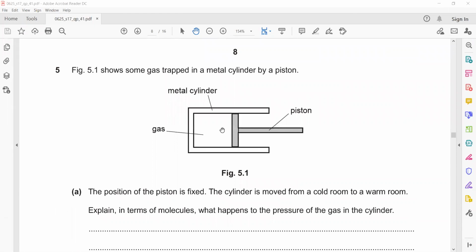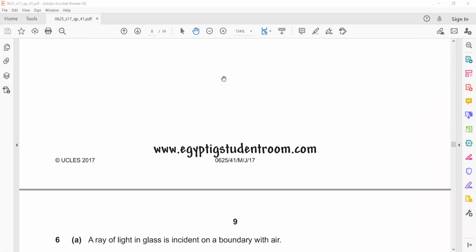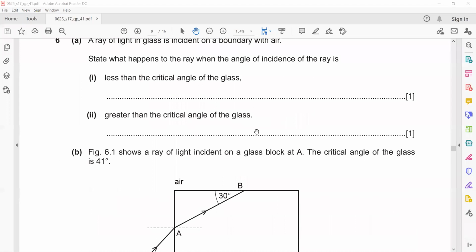Question 5, is there any doubt in question 5? Question 6, is there any doubt in question 6? 6b.